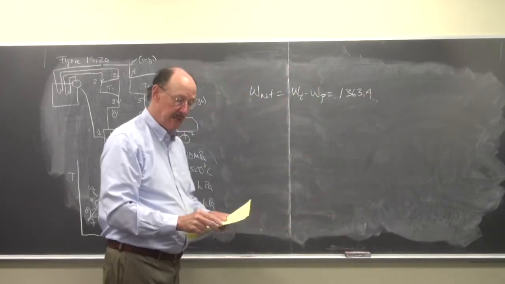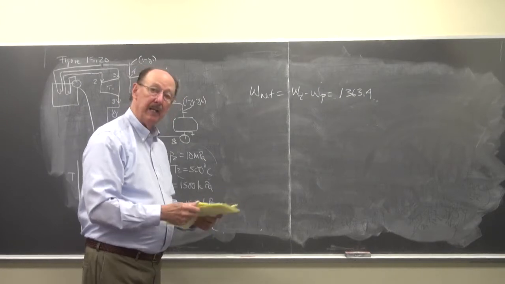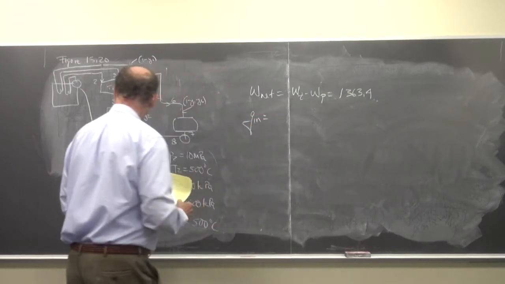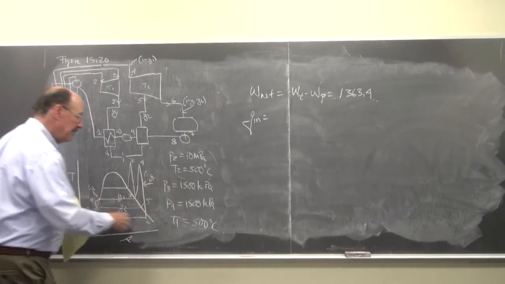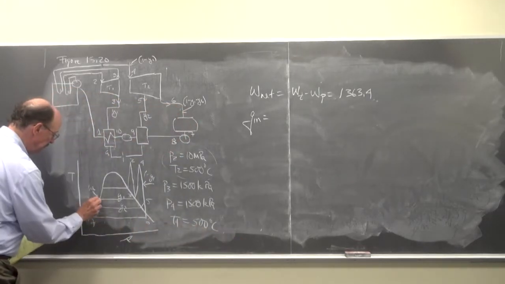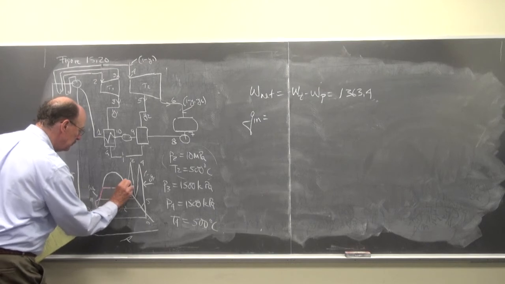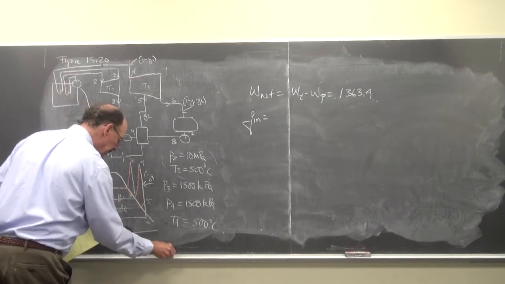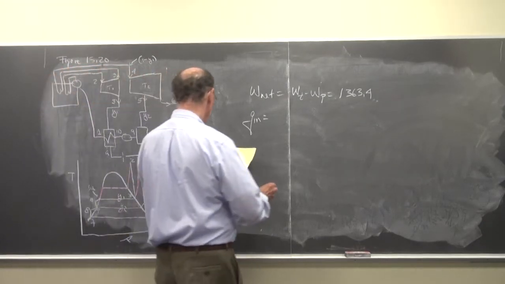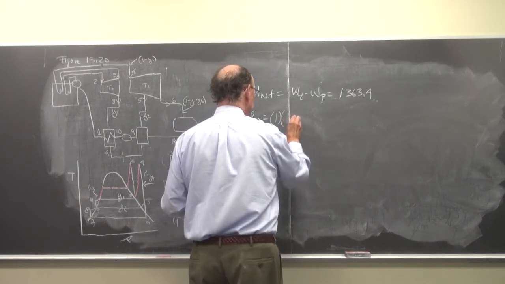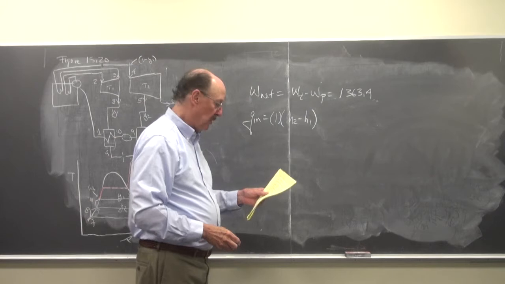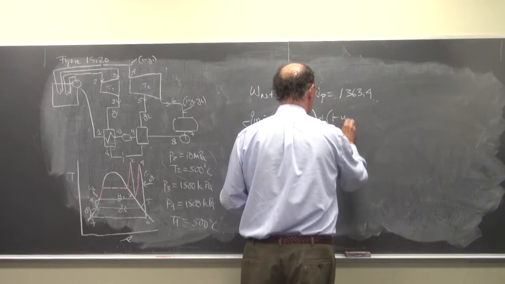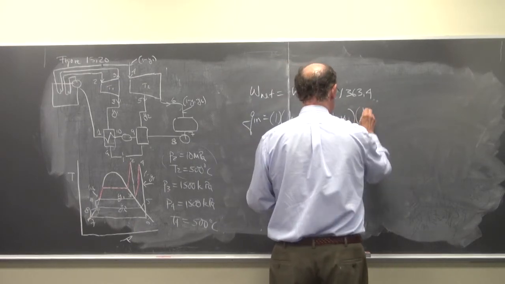And then we can find Q in. And Q in is in 2 parts. So I have heating from 1 to 2, and I have heating from 3 to 4. So all of it is heated between H2 minus H1, and we extracted Y1, so 1 minus Y1 is heated between H4 and H3.